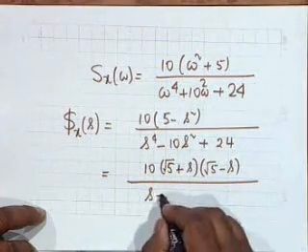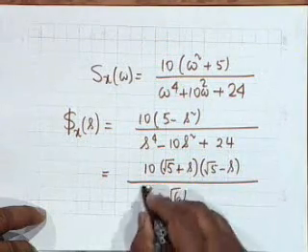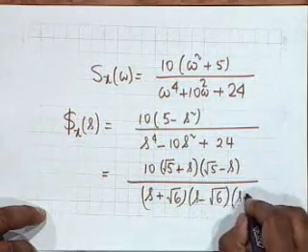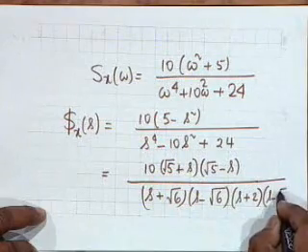So, s plus root 6, s minus root 6, then s plus 2 and s minus 2.